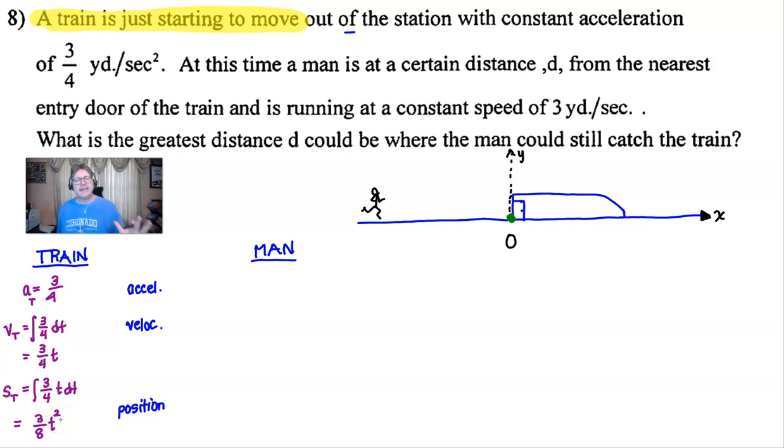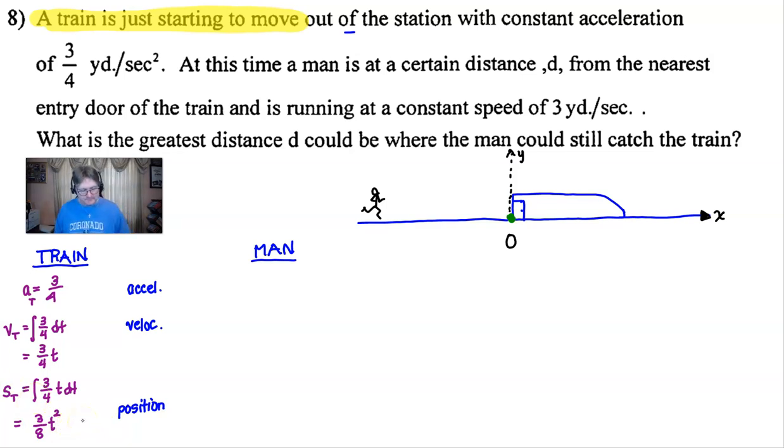And once again, we would need a plus c, technically. But as I said before, by using the idea that the back of the train is position 0, it means that the position of the train at time 0 is 0, and we get another plus c that's going to be 0.